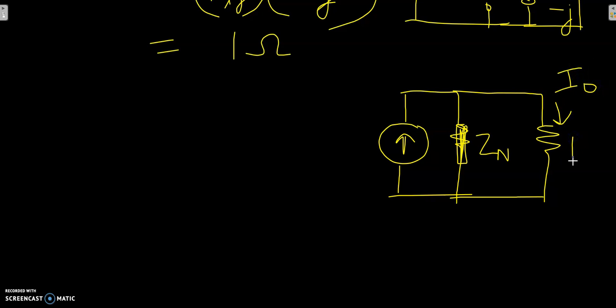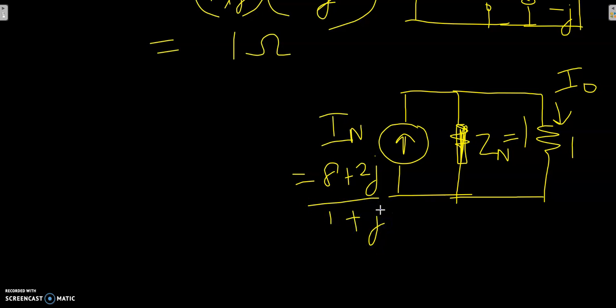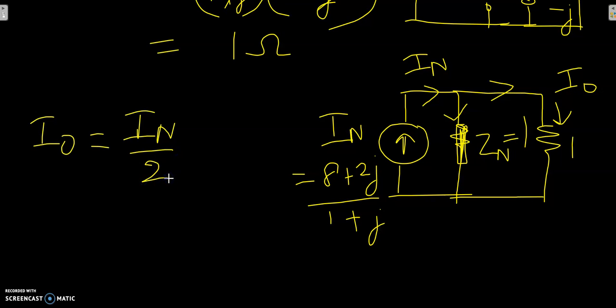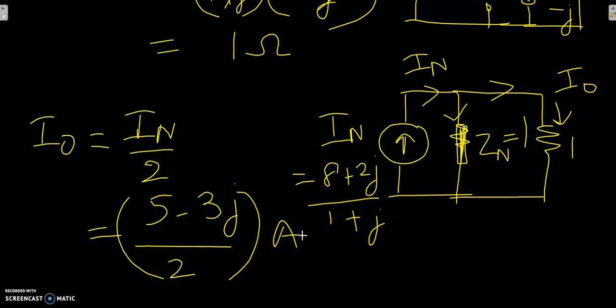So this is 1, and Zn was found to be 1, and this current IN we have found out to be equal to 8 plus 2J divided by 1 plus J. So finally I naught would be given by, if we apply the current divider rule here, the current IN basically gets divided in these two branches. So I naught will be equal to IN divided by 2. If I reduce it, I would finally get this equal to 5 minus 3j divided by 2 amperes.